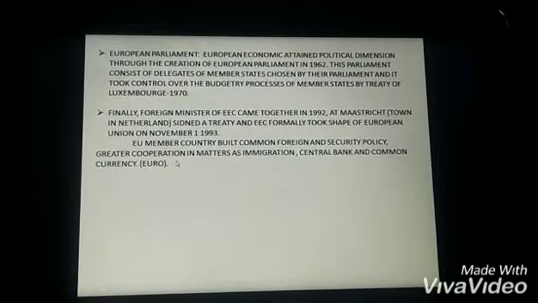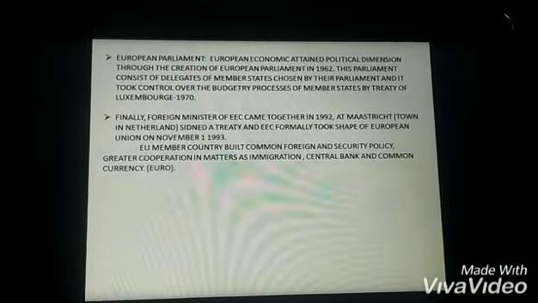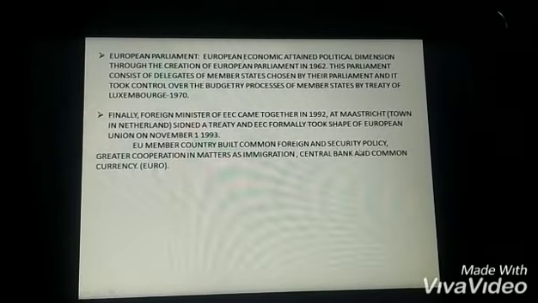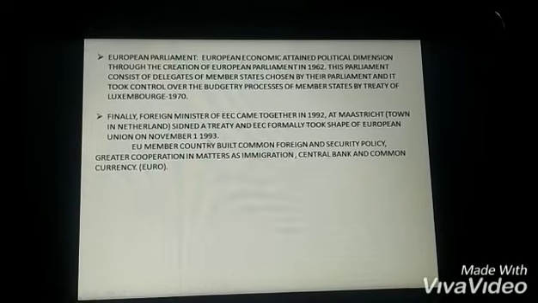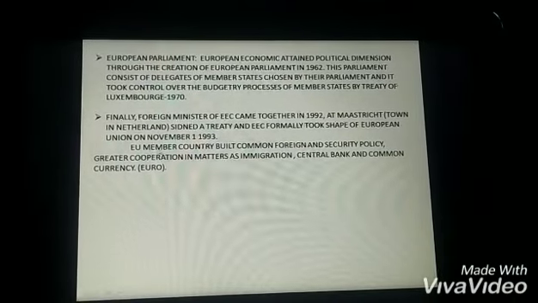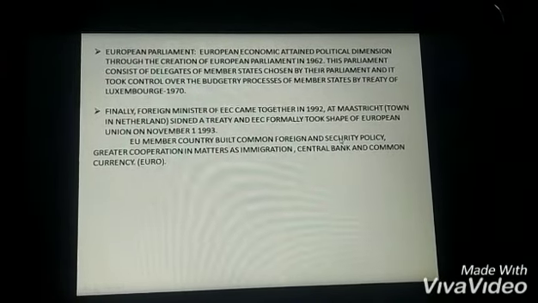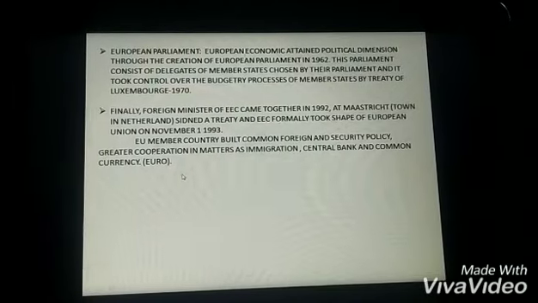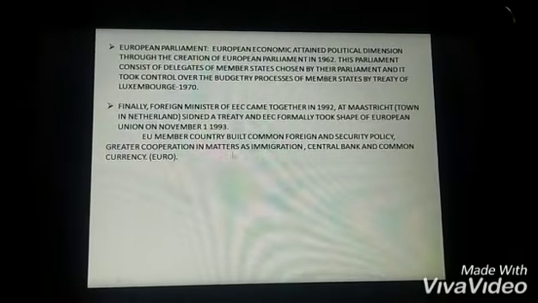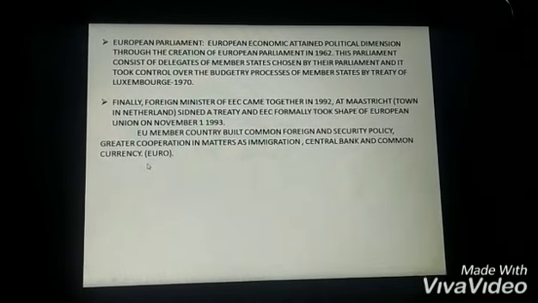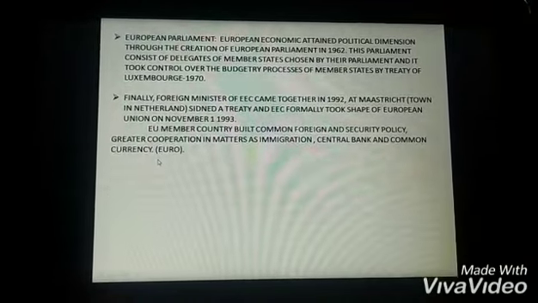So through this Maastricht Treaty of 1993, the European Union was created, and the member countries built a common foreign and security policy. They all have a common foreign and security policy, and they are cooperating together in order to fight against illegal immigration, and they set up the central bank and also a common currency among the member countries, known by the name euro.